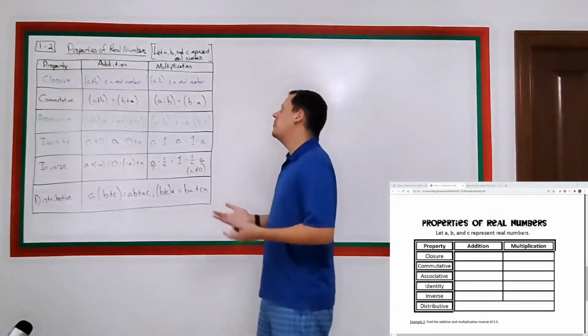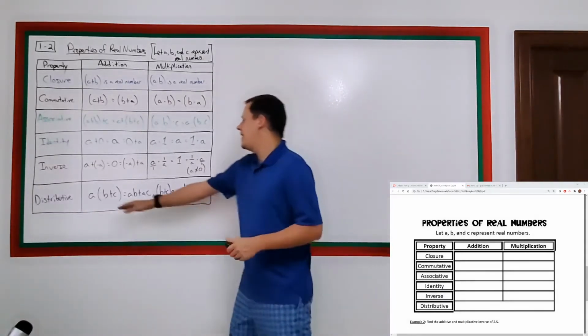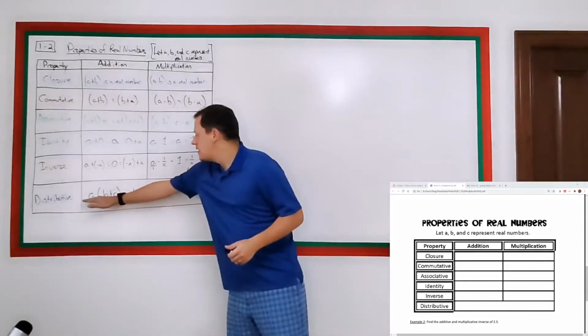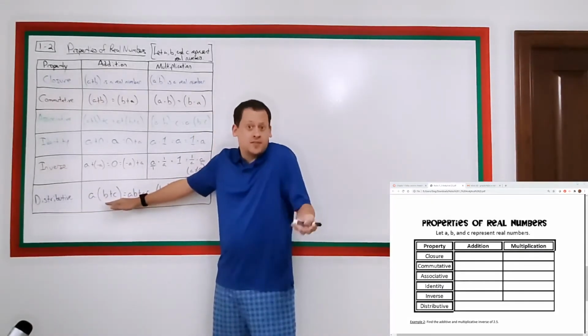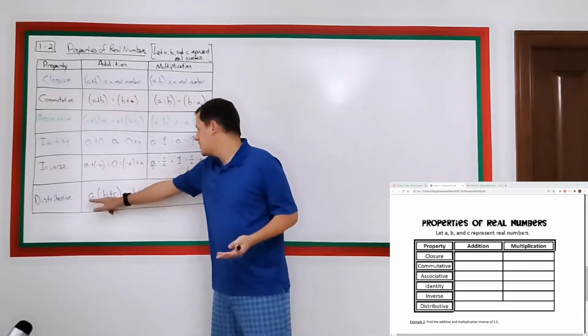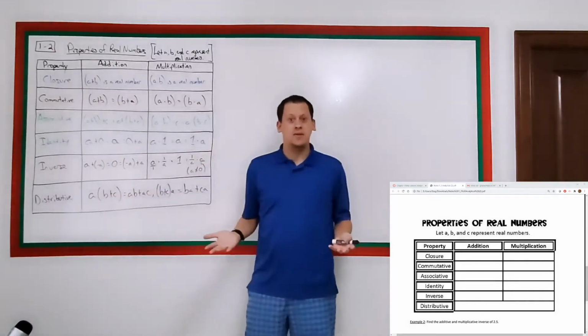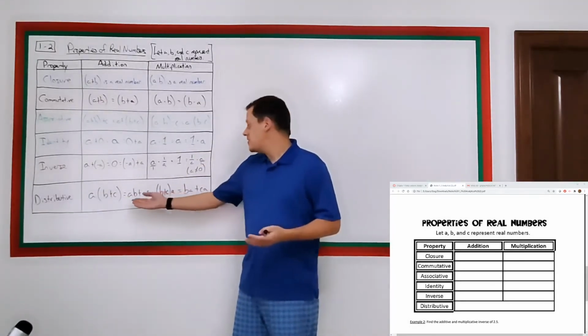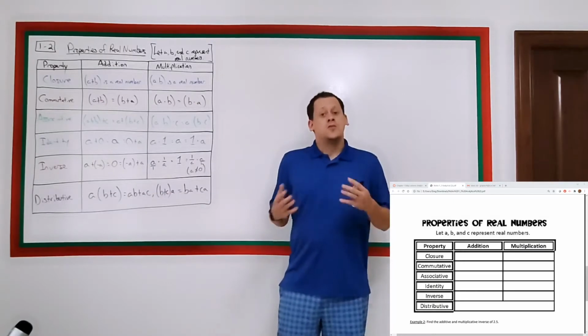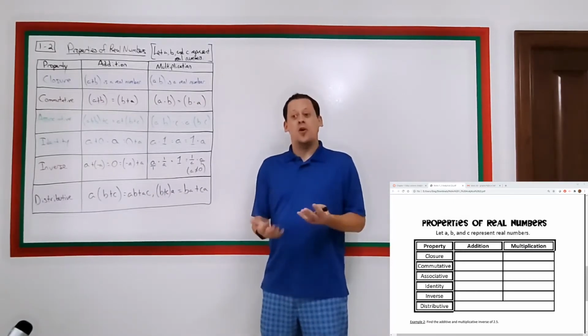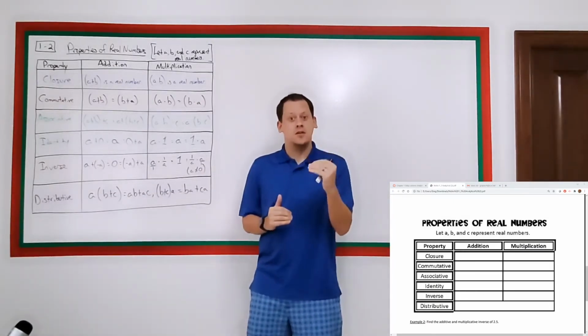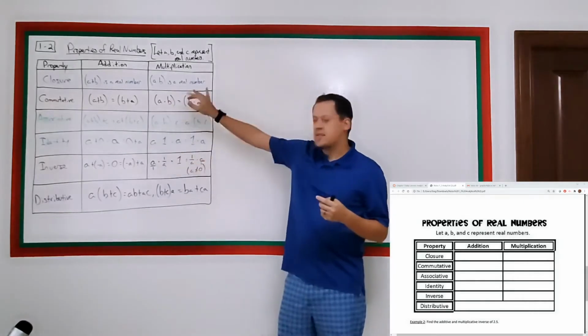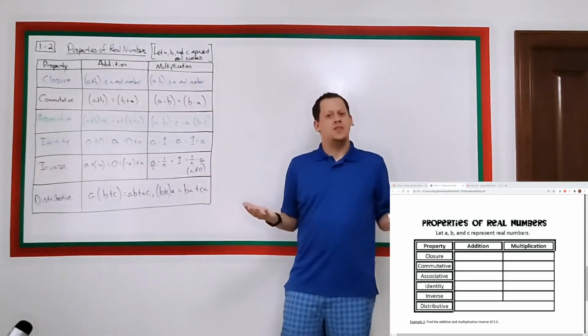So, for example, if you're given something like this and asked to simplify, you have to know how the distributive property works, that you can distribute that a to b and c and what that gives you. Right? So, in a minute, when we go through the examples in the rest of the notes, we're going to be utilizing some of these properties in the ways that you can expect.